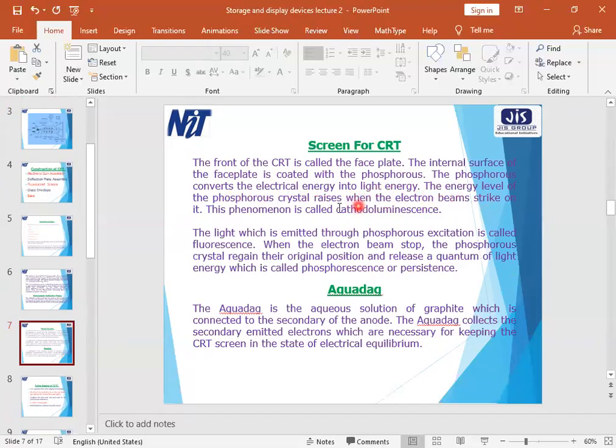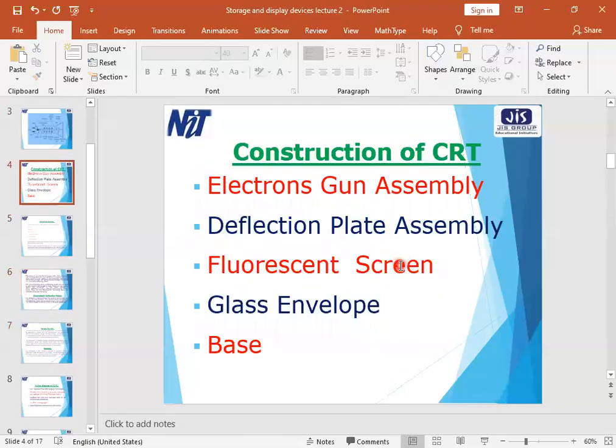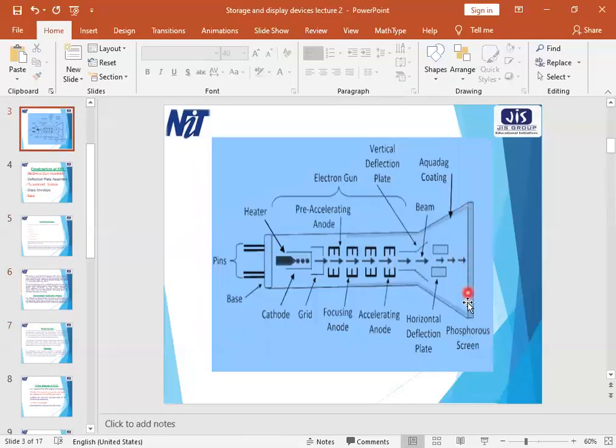The energy level of the phosphorus crystal rises when the electron beam strikes it. This phenomenon is called cathodoluminescence. Cathodoluminescence is what? When the electron beam is falling over this screen, then the optical or visual sensation is there.